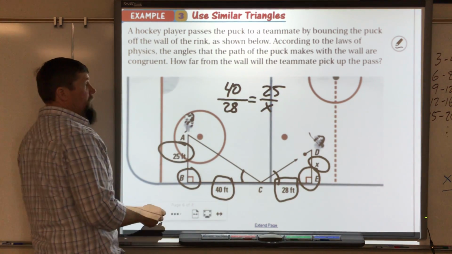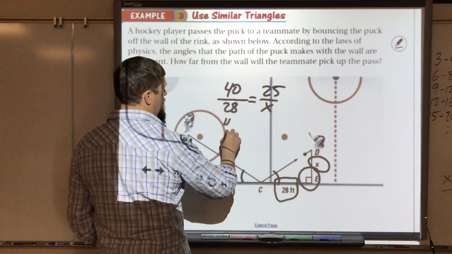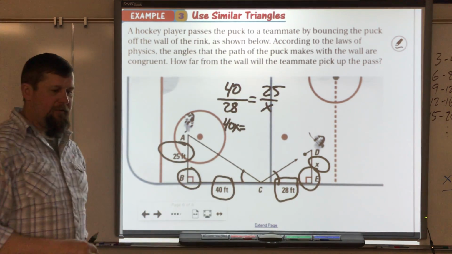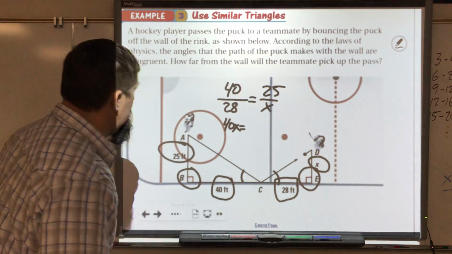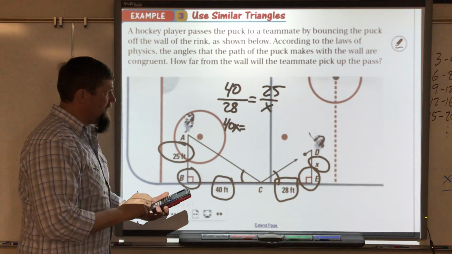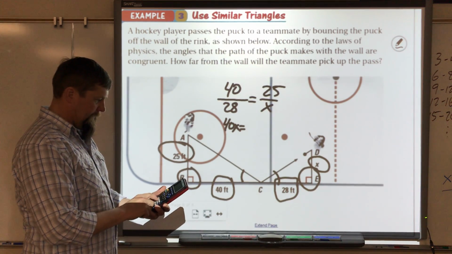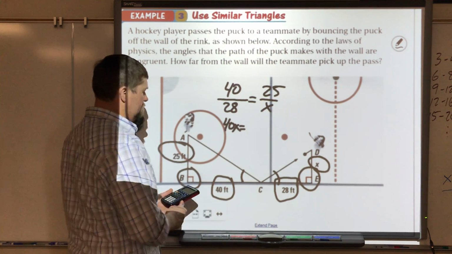So then we can solve for x. We know that 40x equals 28 times 25. So that is, if I do the math quick on that one, I think that's 700. Yep, 700.